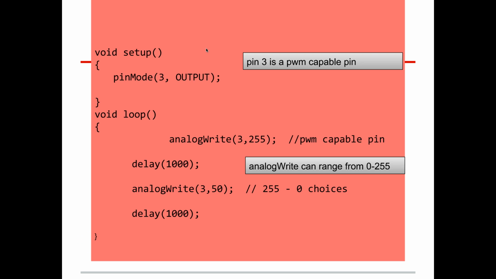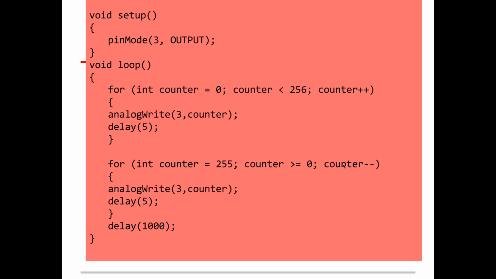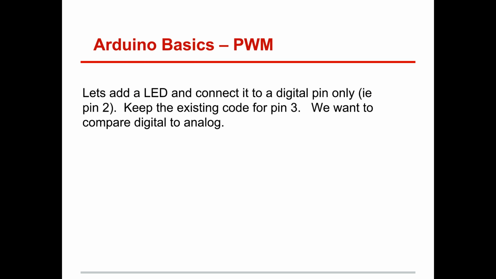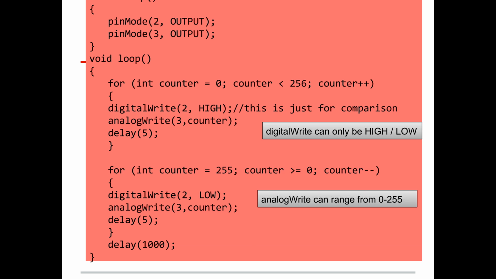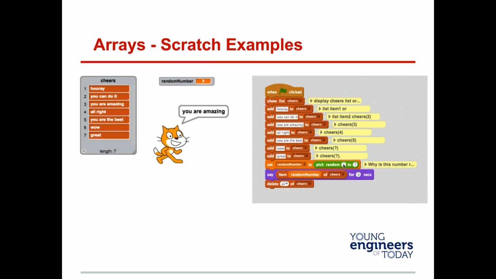But is every member a PWM? The answer is no. There's 3, 5, 6, 9, 10, 11. So we need to be very specific if we want to do those LEDs, all right? Now we're going to do it for all of them.